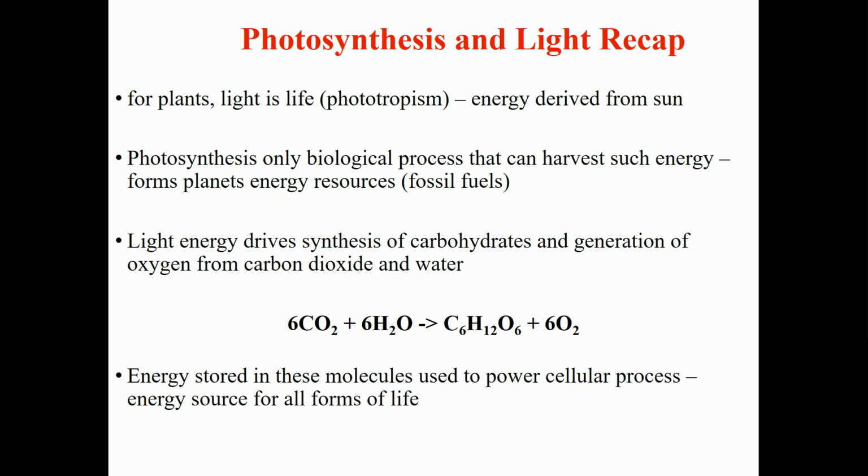So remember, Blackman's hypothesis, you're only as good as your weakest link. In this case, if your weakest link is the sun, then you will have to grow up to try and increase that length to try and capture as much light as possible.